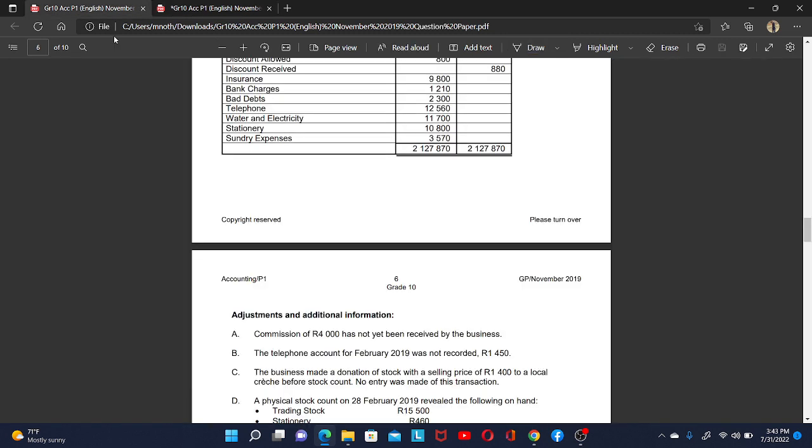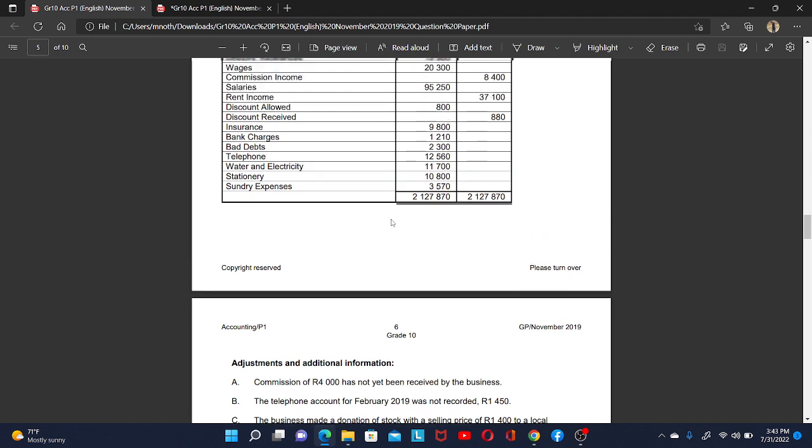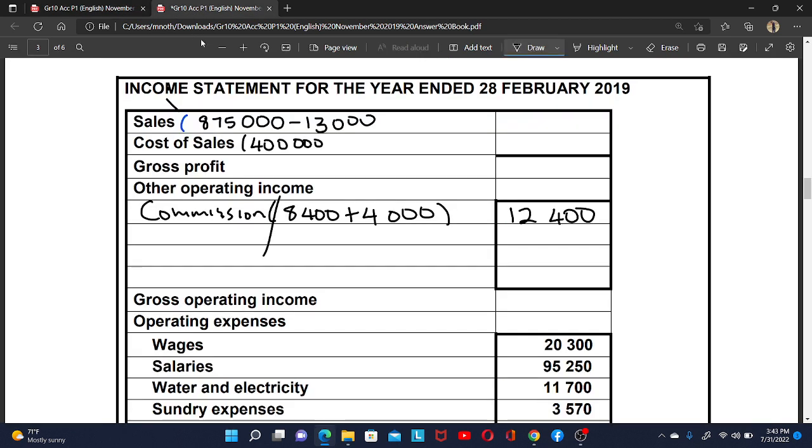And then number B, the telephone account for February 2019 was not recorded. So let's go and record it. The telephone account is 12,560.